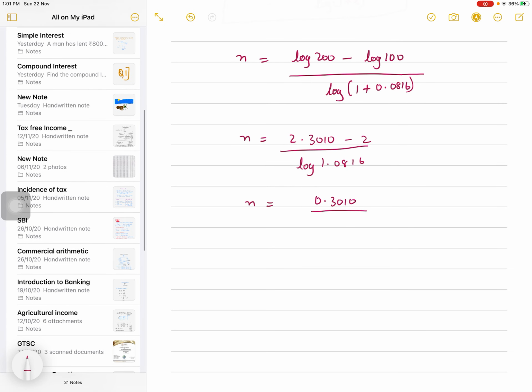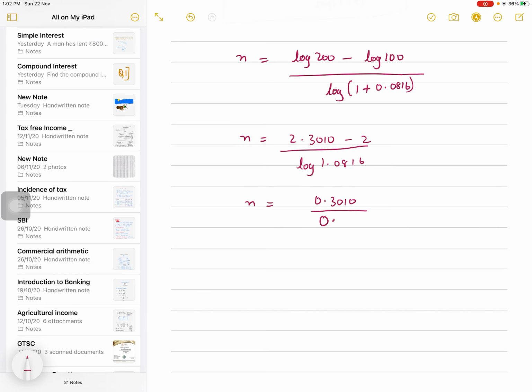Tenth row, 8th column, mean difference 1. Because before the decimal the digit is 1, so 1 minus 1 is 0, so it is 0 point something, right?